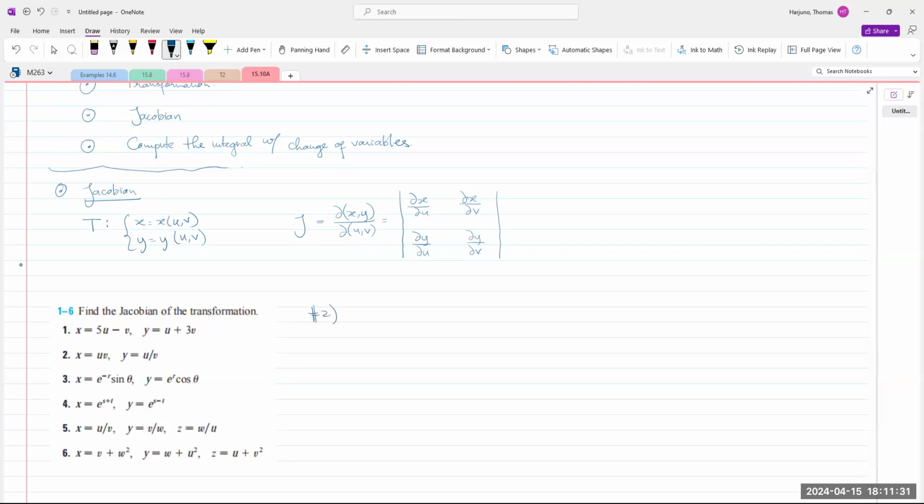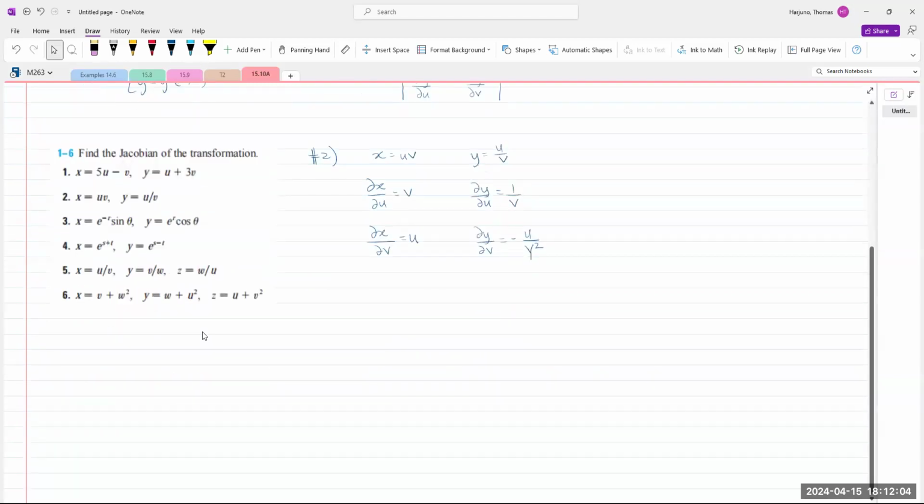So we see that x is u phi. So ∂x/∂u will be phi, ∂x/∂phi will be u. And y equals u over phi. So ∂y/∂u will be 1 over phi, and ∂y/∂phi will be negative u over phi squared.